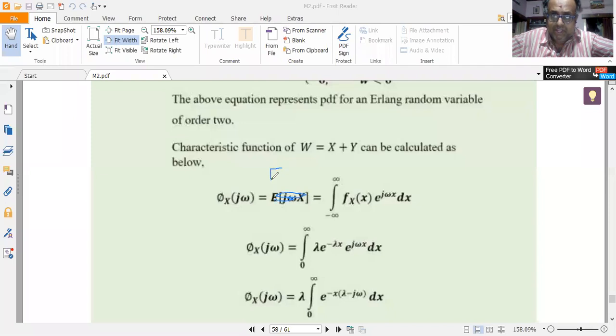Phi X of j omega is given by the expected value of e to the power of j omega X, which is equal to integral minus infinity to plus infinity f_X of x e to the power of j omega x dx. So this correction you have to make.